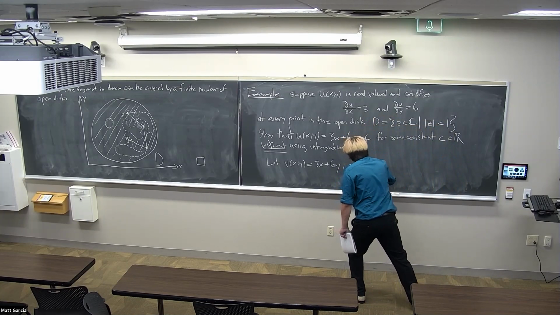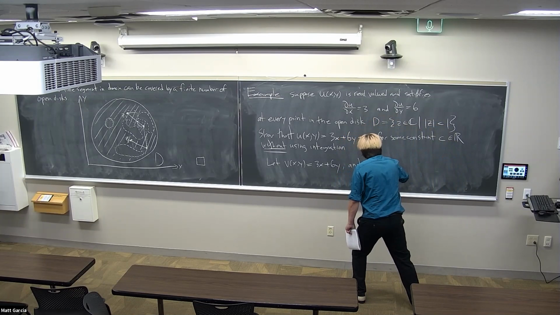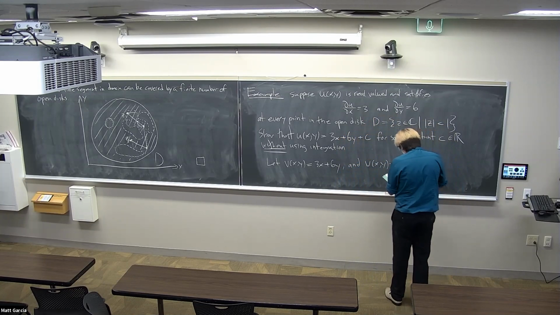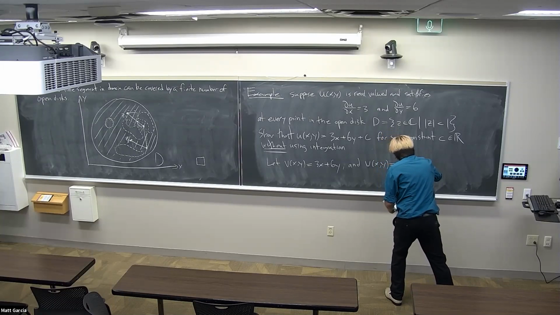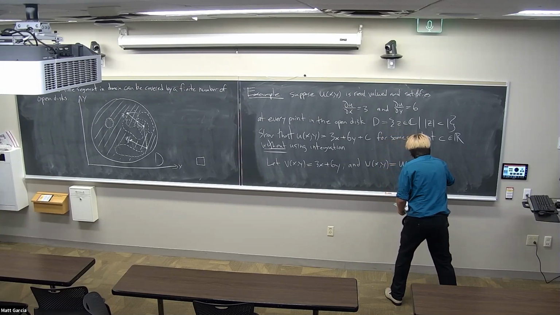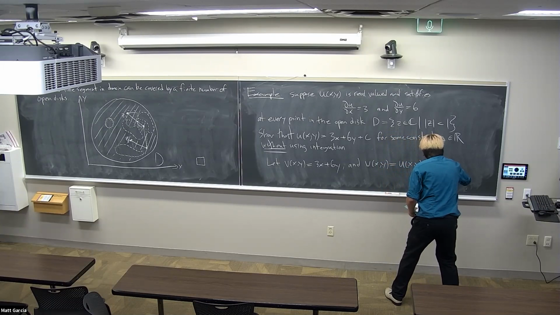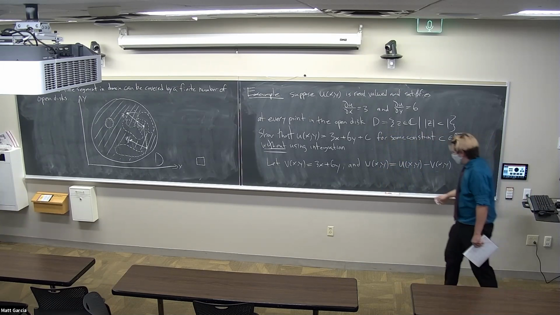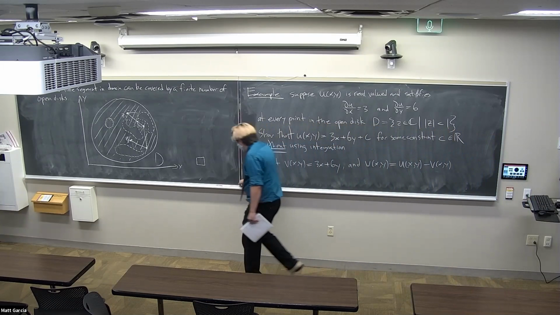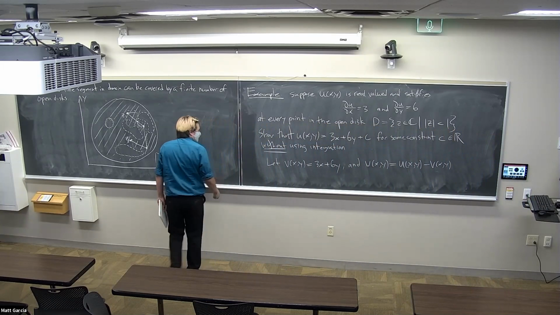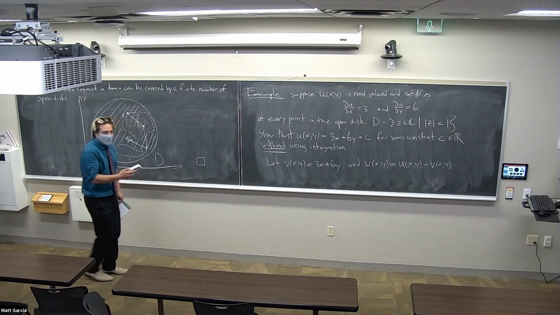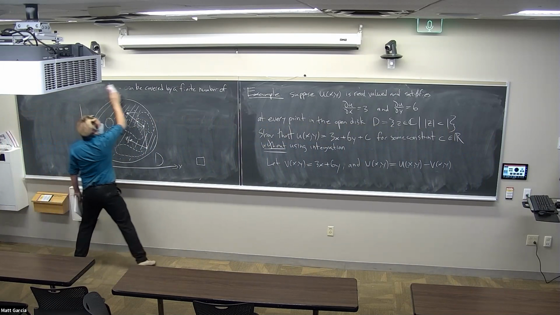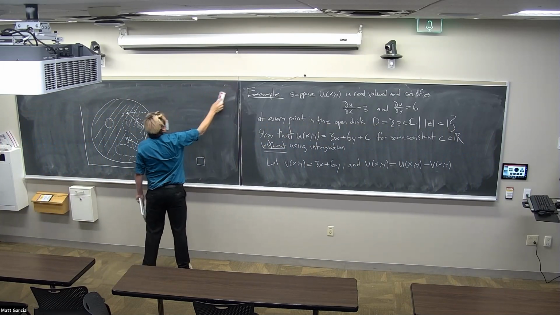And also let w of x y be equal to the difference u of x y minus v of x y. Okay? Now, what happens when we differentiate w with respect to x and y? Just that equal to 0. Yeah, exactly.